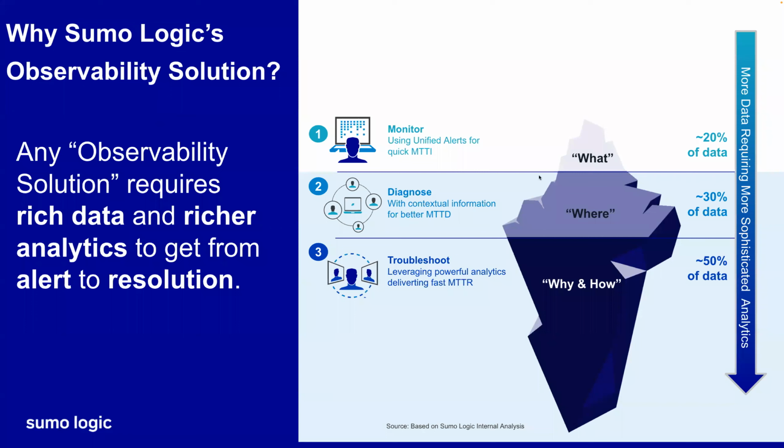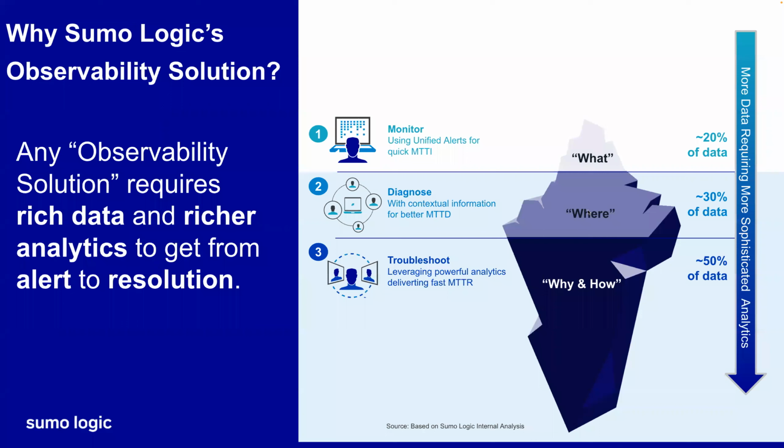And so what I'm trying to show in this slide is a few things. I have an iceberg here, and that's the allegory I'm using. At the very top of the iceberg is the what. If you want to monitor your data, you can do so fairly easily, and you can find out what's gone wrong. To do so, you need about 20% of your data.